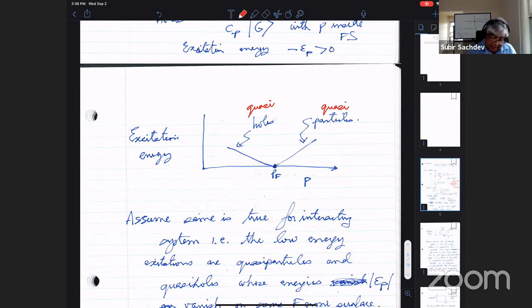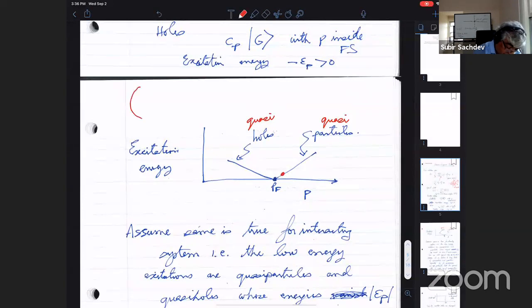So what do I mean by the quasi? Well, suppose you added an electron here. Suppose there was an electron sitting there. Let me draw a picture here. Here's my Fermi surface. I take a particle and I put it here. Now the particles start interacting.